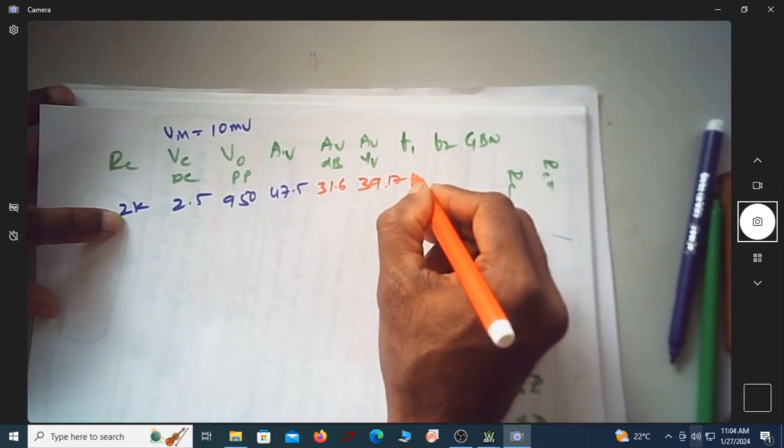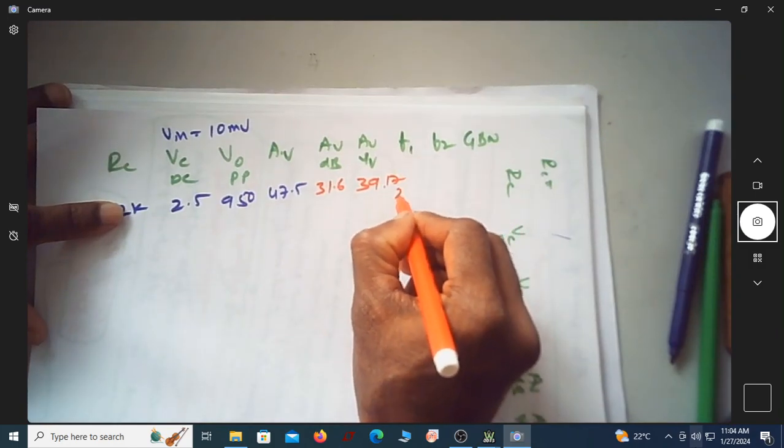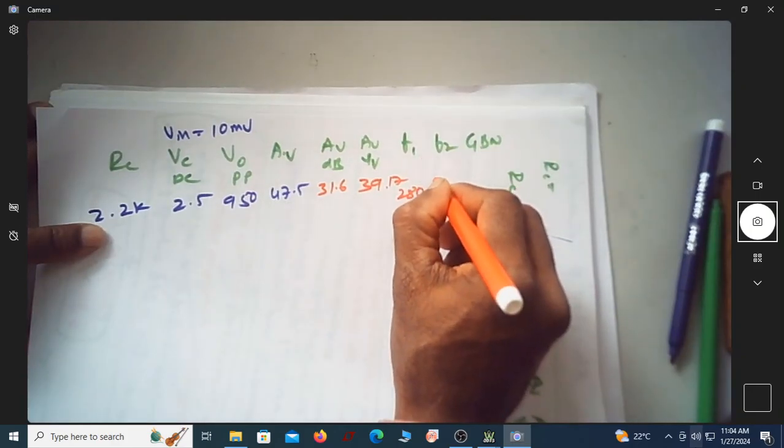F1 was 280 Hertz, and F2 was 210 kilohertz.